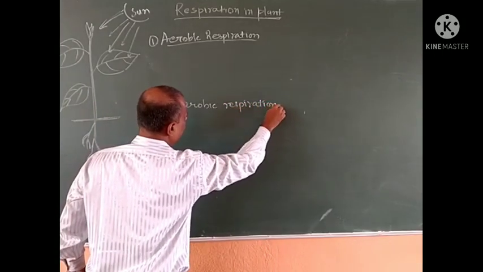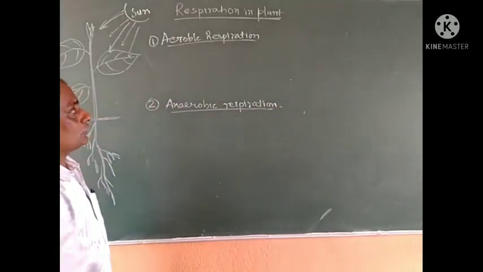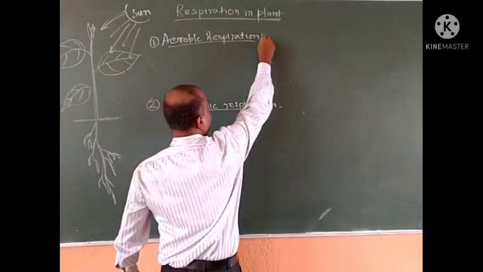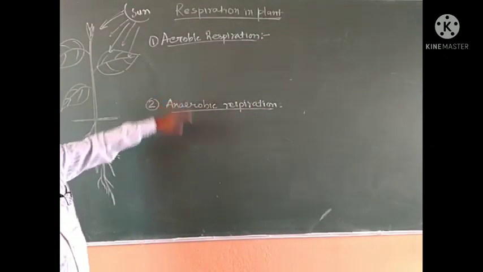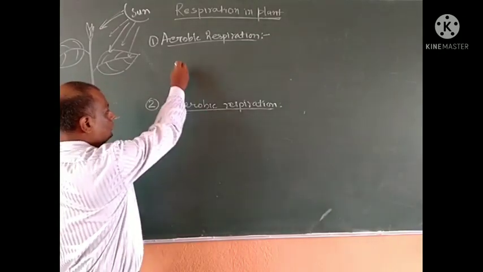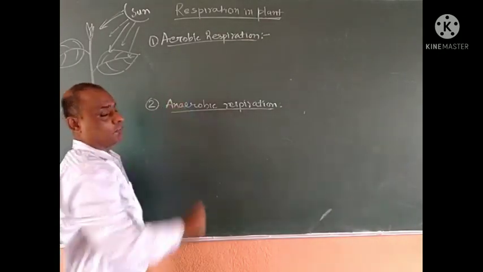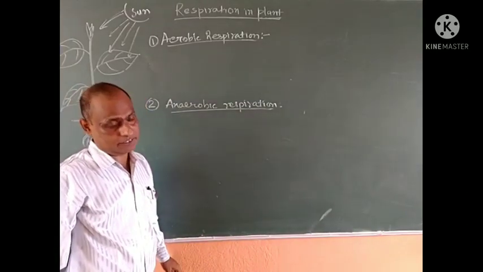What is aerobic respiration? I hope everyone knows it well because you have already studied this. But once again I am making you understand: here the oxidation of glucose takes place. Means the glucose, the food, is completely oxidized in presence of oxygen.